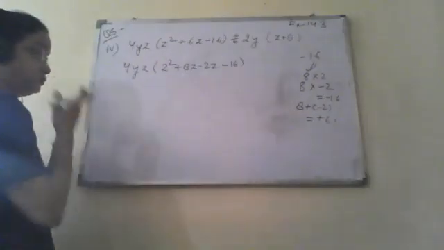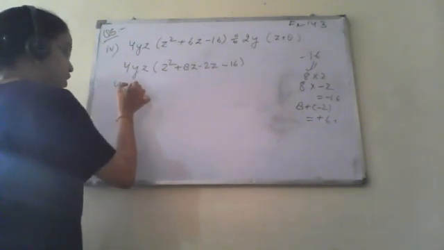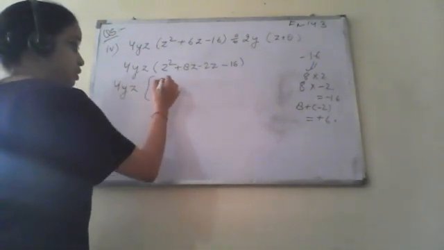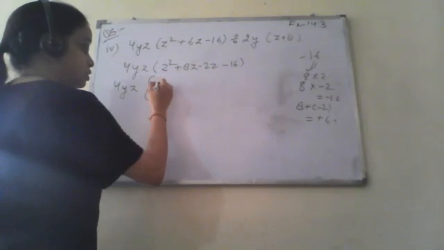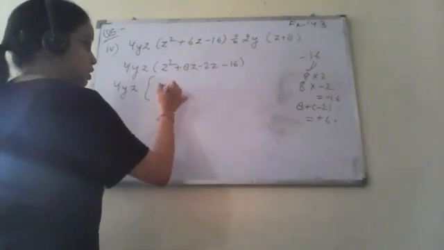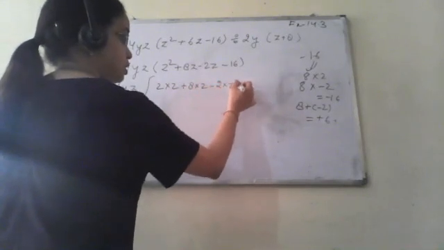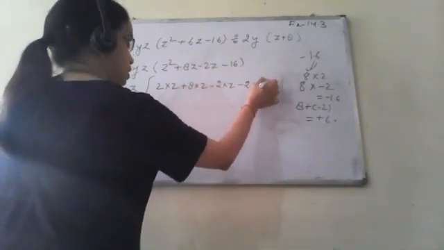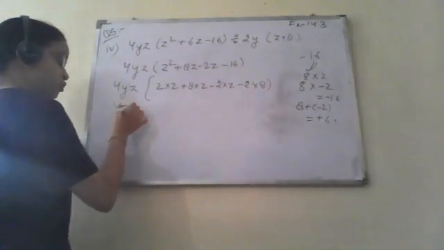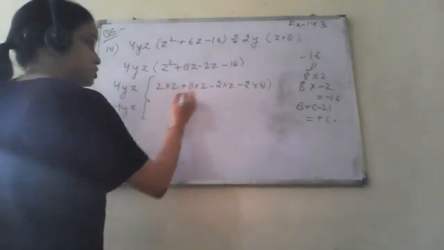Clear? So this is 4yz. Now this is z into z plus 8 into z, this is 2 into z, this is 2 into 8. Clear? This is 4yz. Now what is common?